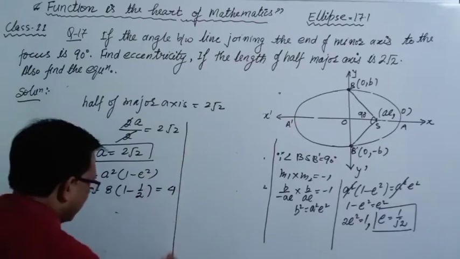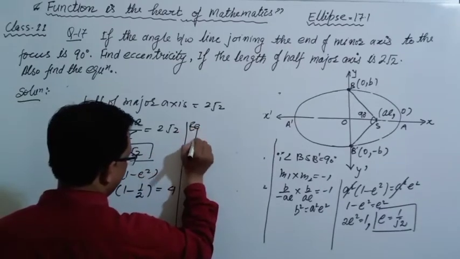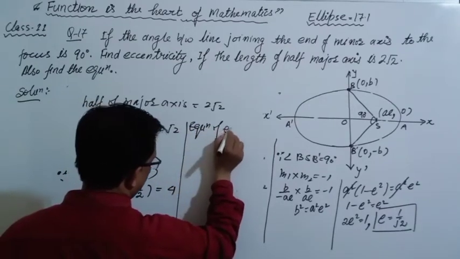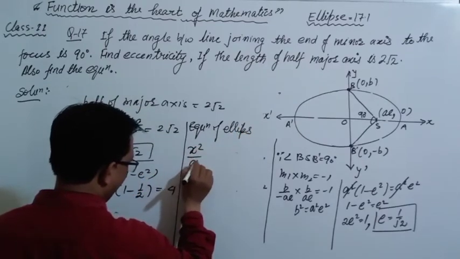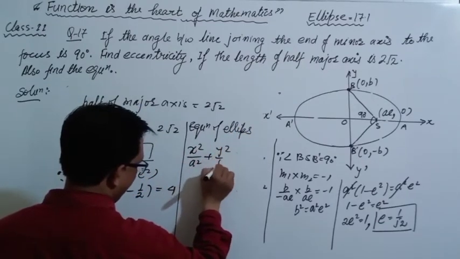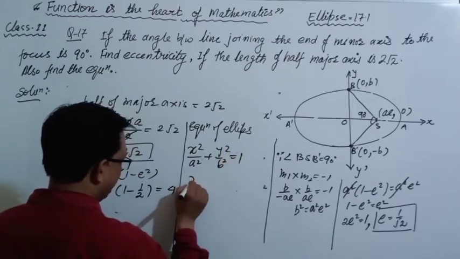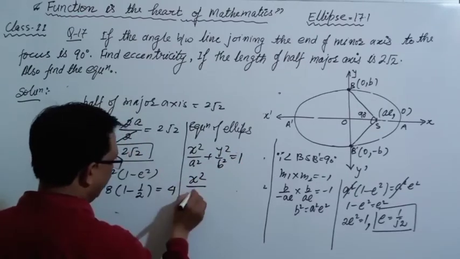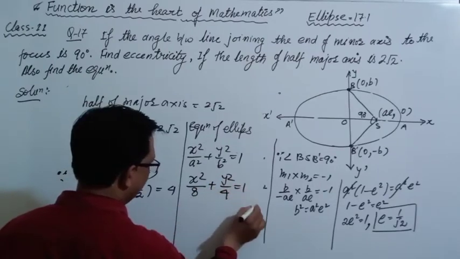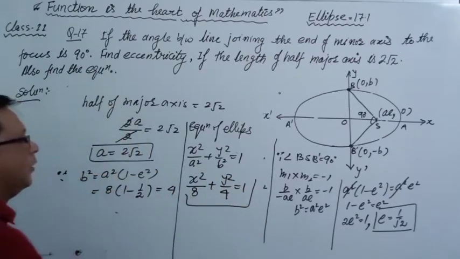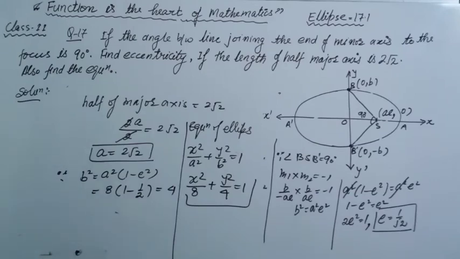Now students, the equation of the ellipse is x square upon a square plus y square upon b square is equal to 1. It means x square upon 8 plus y square upon 4 is equal to 1. Students, this is your required equation. So students, note this question. This is a very good question for you. Note down.